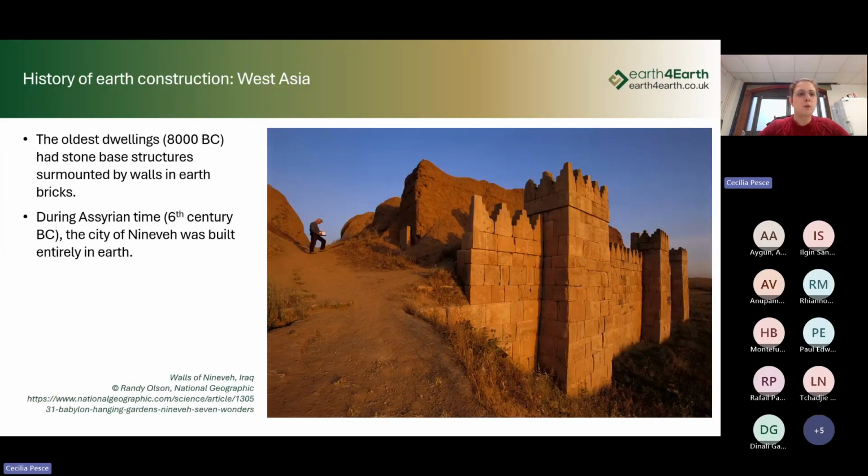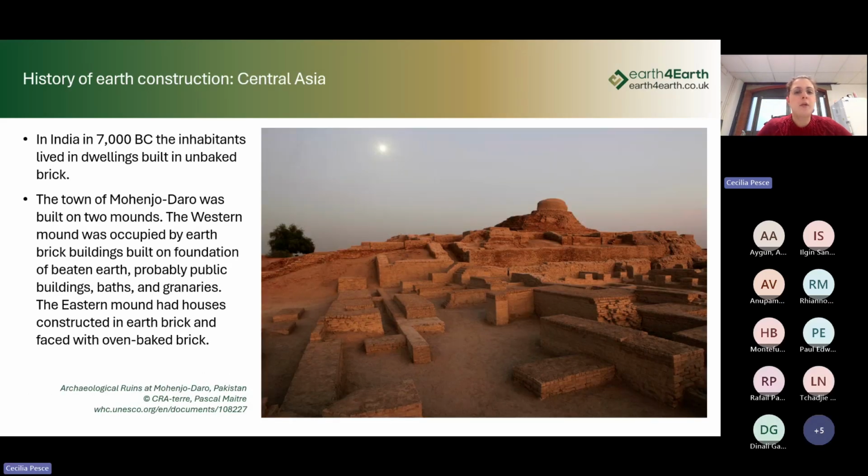Now we move to West Asia, where we have an example in Iraq. This is the city of Nineveh, known for its massive walls built in raw earth bricks. Then we move to Central Asia, in India, where in Antiquity people lived in dwellings built in unbaked bricks.